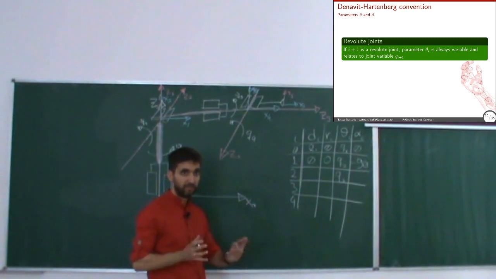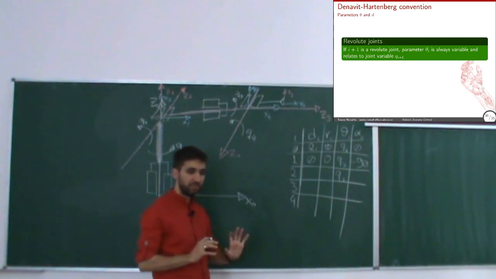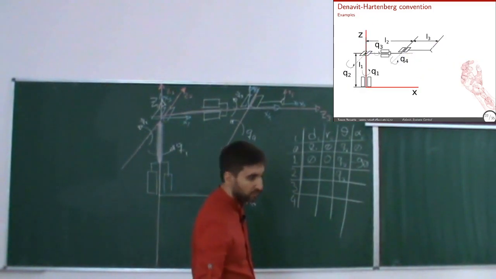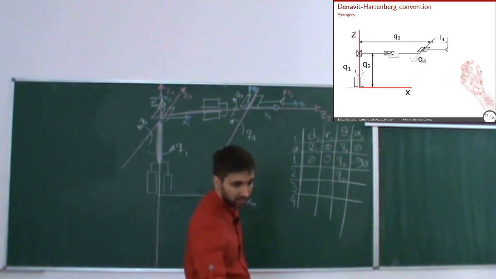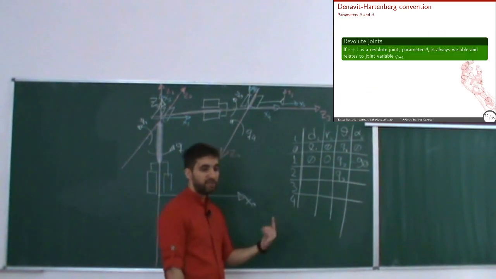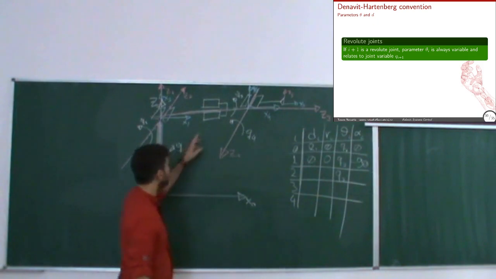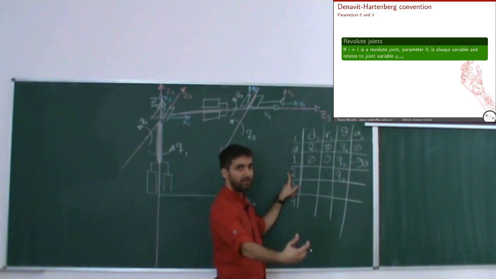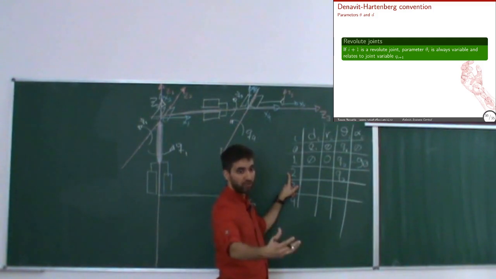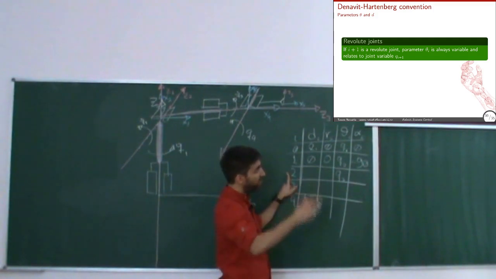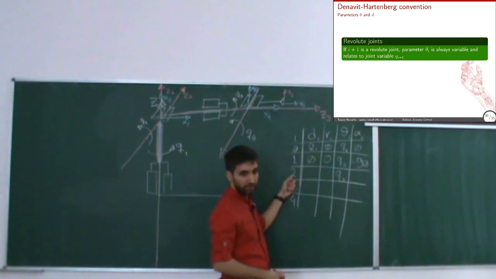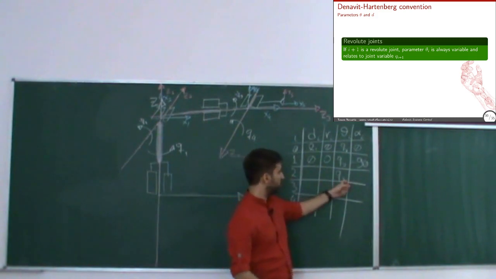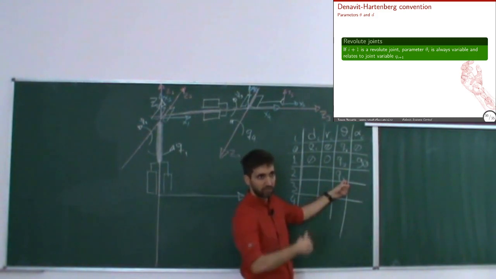If I have a prismatic joint, it's a bit different. So if joint I plus 1 is a revolute joint, so if Q3, I am at I equals 2 here. If joint 3 is a revolute joint, then theta I, so I equals 2, will be a variable that relates to joint variable Q I plus 1, so Q3. Okay, to the next one.